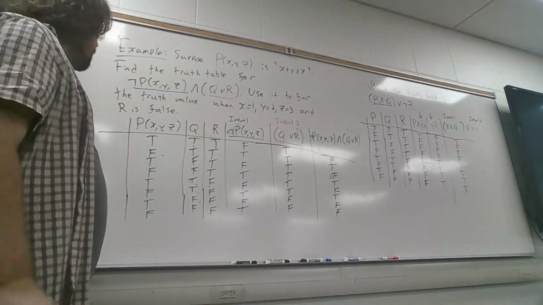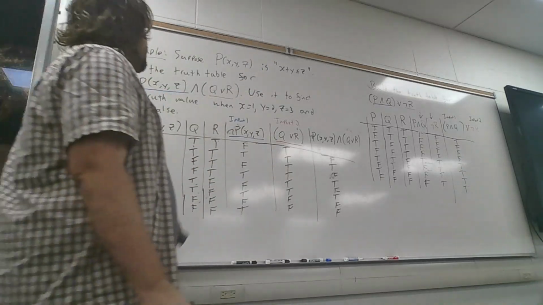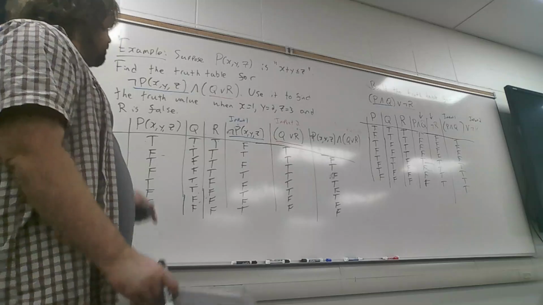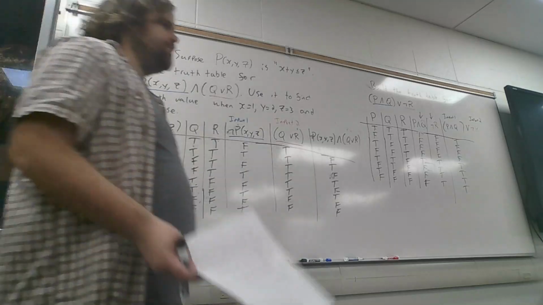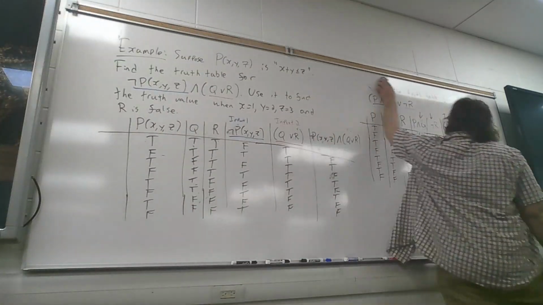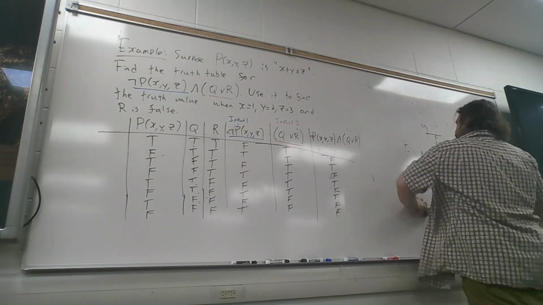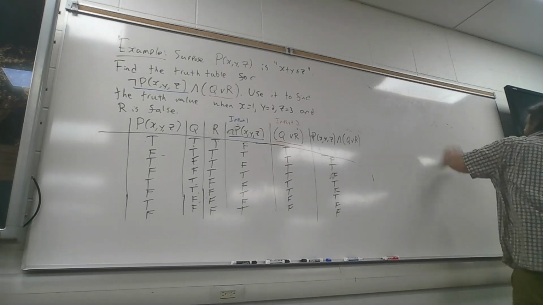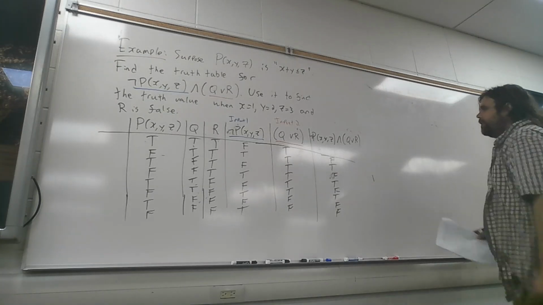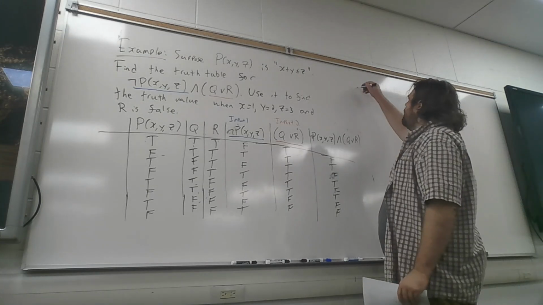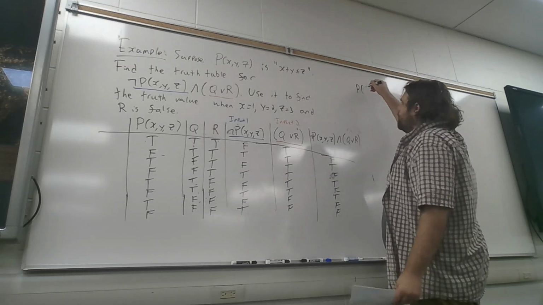Great. But now we have the second question here, right? It says use it to find the truth value when specified choices. Okay. Well, what does this mean?